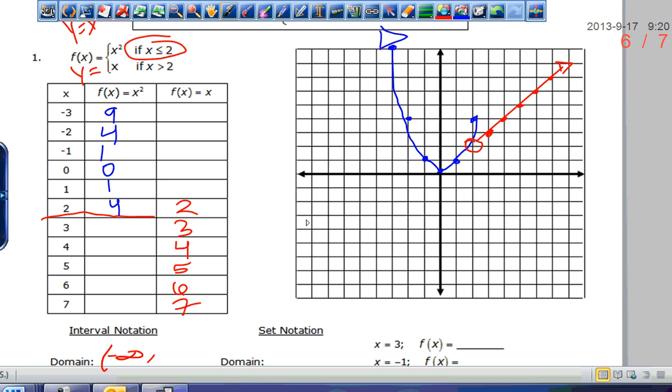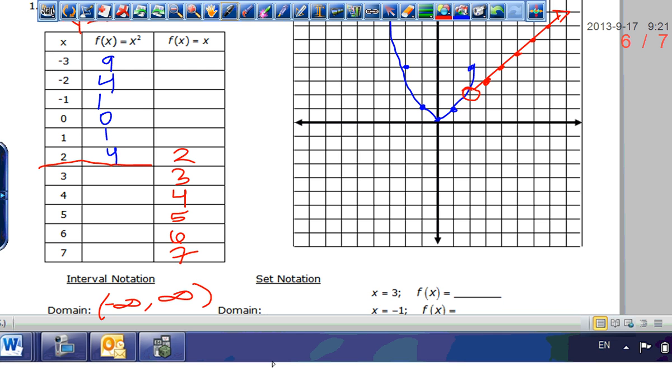Do I ever stop going to the right? I do, at 2, good, but I have a filled-in circle at 2, 4, so the filled-in circle for that x value takes up for that, replaces it. So I'm okay there. What about the arrow? Does that ever stop? No, so it keeps on going forever. So my domain is all real numbers, and in interval notation, negative infinity to positive infinity.